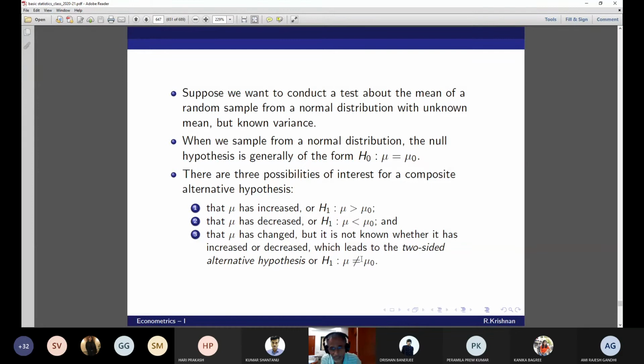This exactly is the problem. The null hypothesis for most of the studies is mu equal to mu 0. In your regression example, beta 1 equal to 0 or beta 1 equal to 1, for example. The problem is, beta 1 greater than 1, you can test. Beta 1 less than 1, you can test. If the null is between an interval, minus 3 less than or equal to beta 1 less than or equal to 5, this is the problem.